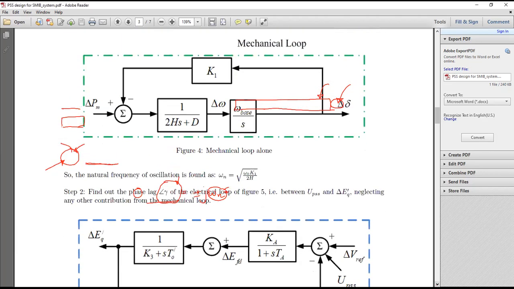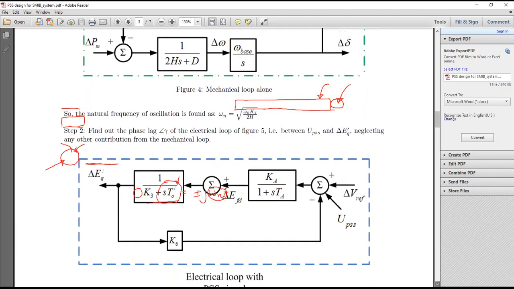In step number 2, we tried to identify the phase lag in the electrical loop because of the introduction of the exciter block. That phase lag was coming through, starting from the summing junction at the exciter block. So this is the summing junction, and we're looking at the presence of lag between this UPSS and this del EQ dash.